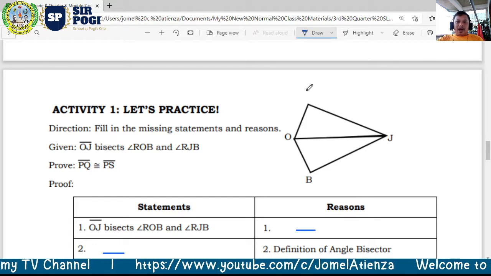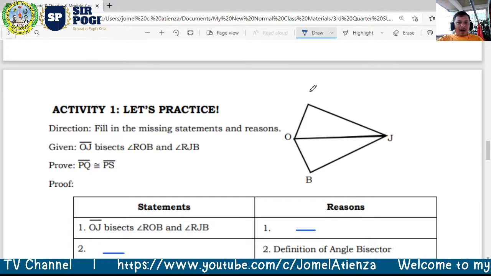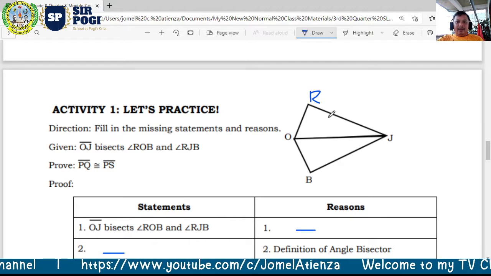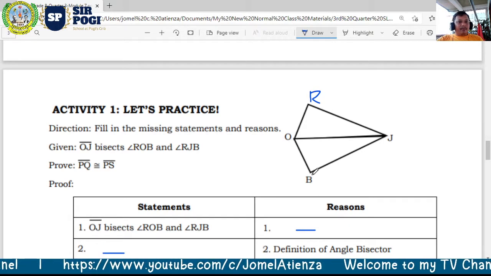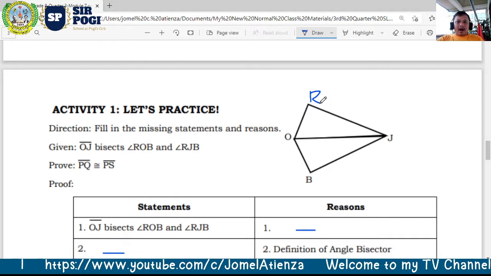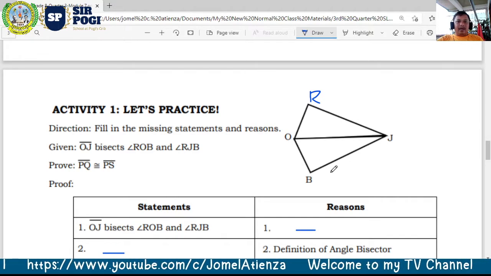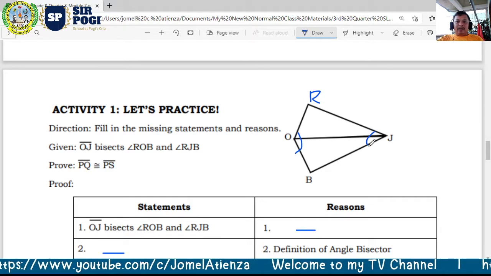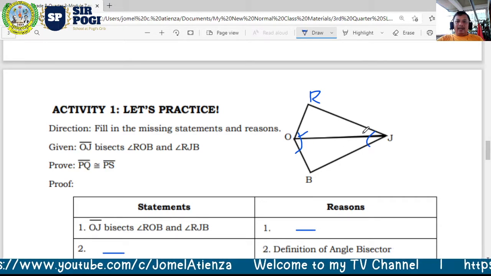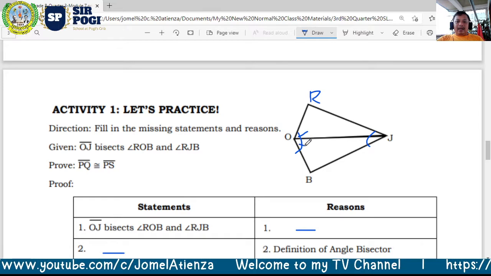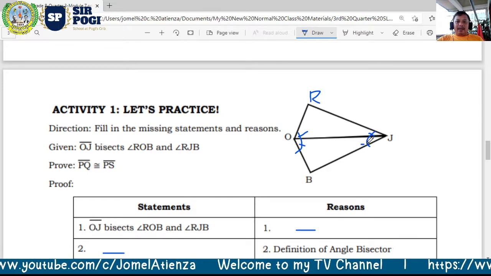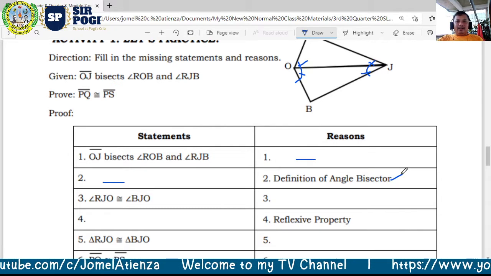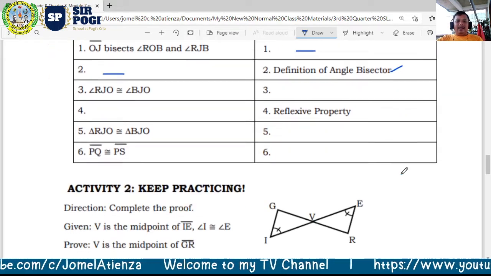So ito yung ating R. Okay. ROB and RJB. So bisect daw yung OJ. So meaning to say that these angles are congruent kung nag-bisect siya. Definition of angle bisector. Okay? So, madali na yan, class.